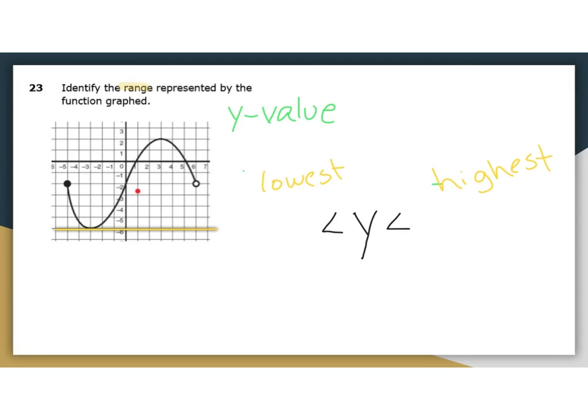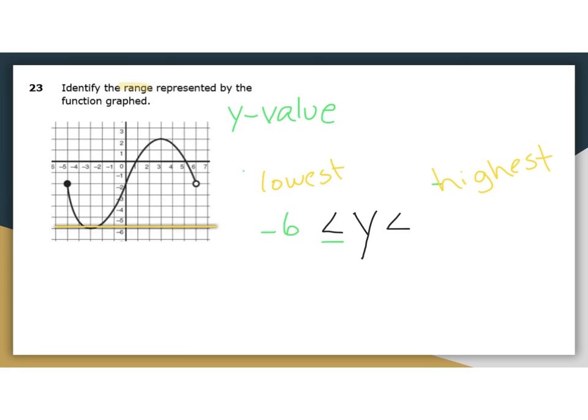If you're not quite sure, you can always count the squares. And you'll see, starting from 0, -1, -2, -3, -4, -5, -6 is the lowest y value. So the -6 is going to go on the left. This is a shaded curve, so I'm going to underline the inequality symbol to include it.